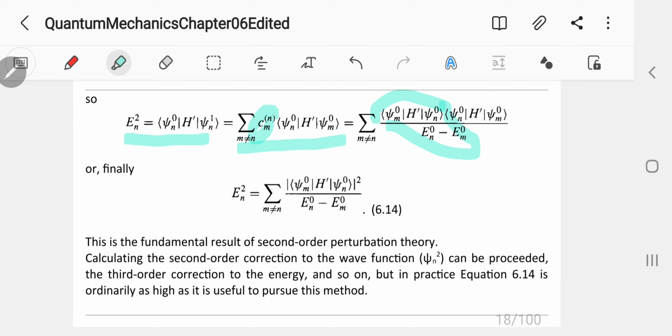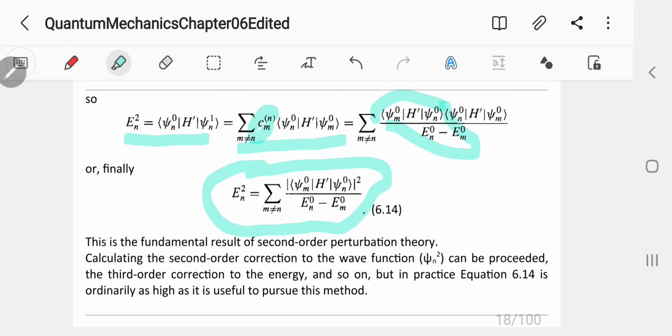So therefore what we have now is this one, the energy correction of the second order perturbation. So this is the result for the second order energy correction for the perturbation theory.